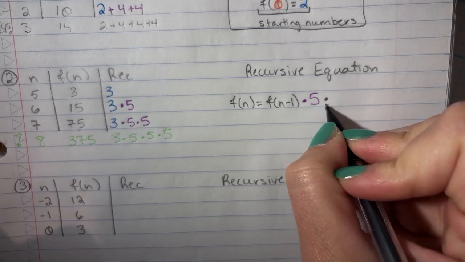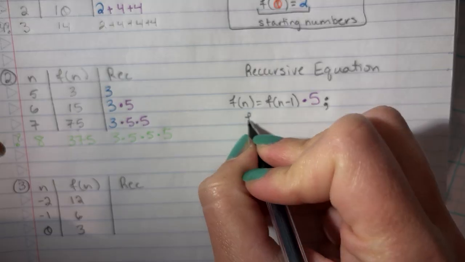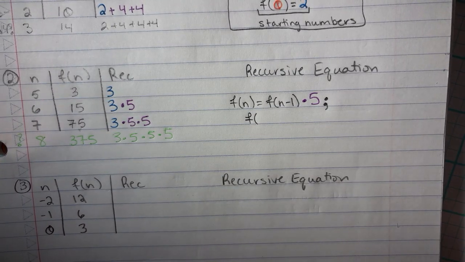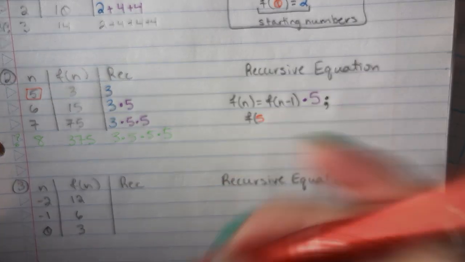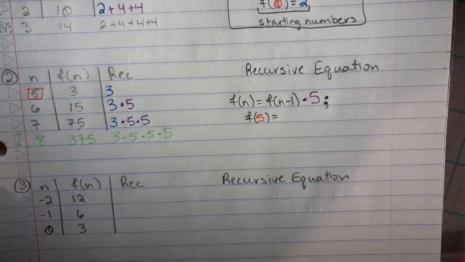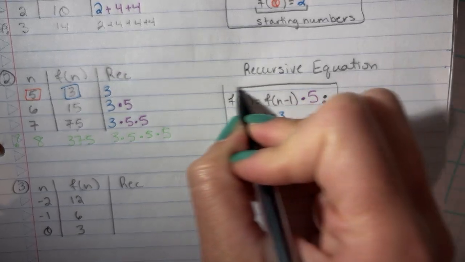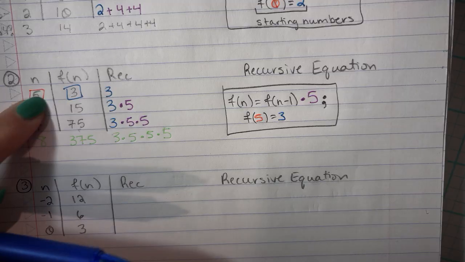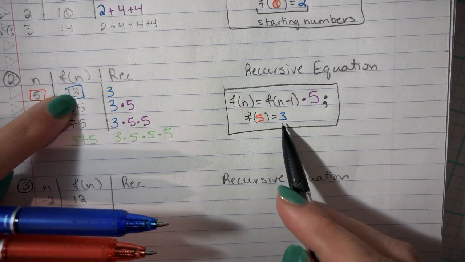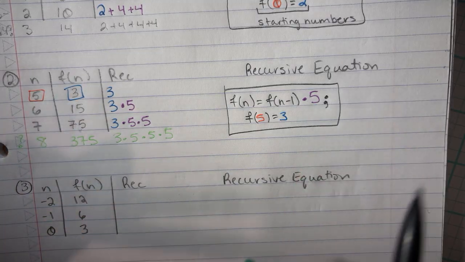And then we were given, that's what this semicolon represents, given that we started with f of this 5 here equals, our number of dots we started with was 3. So this is the actual recursive equation, okay? So our start time was 5, our start dots were 3, and as we went down the table, this is saying, hey, you multiplied by 5 as you went down the table.